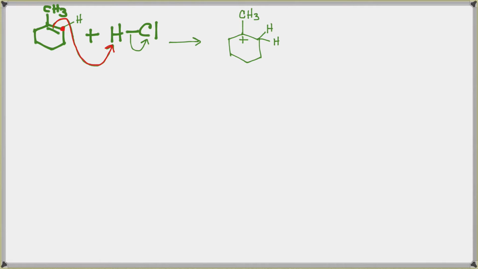Once I form the carbocation, my last step is nucleophilic addition. I have chloride in solution. After that addition step, chloride can use one of its lone pairs to add to the carbocation to give me the final product.